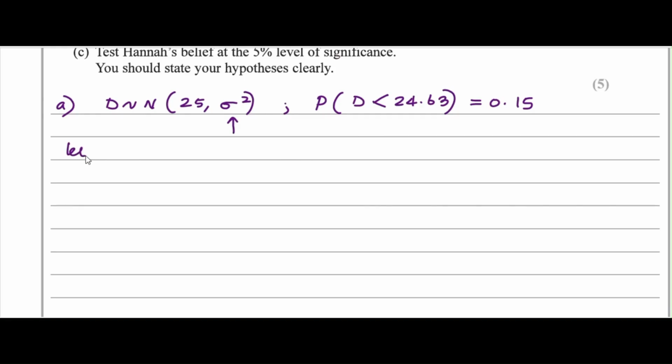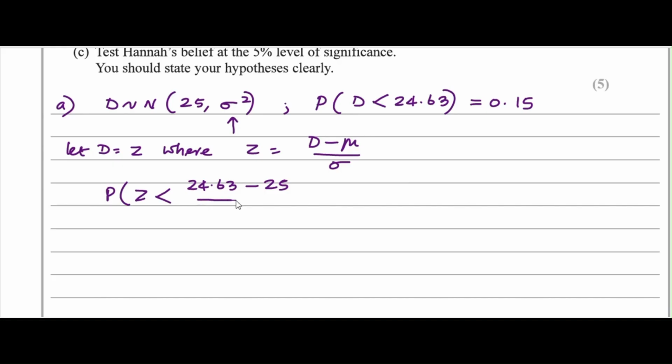So let z be equal to D minus mu over sigma, and then probability of z being less than 24.63 minus mu, which is 25, over sigma, which we are after now, is equal to 0.15.